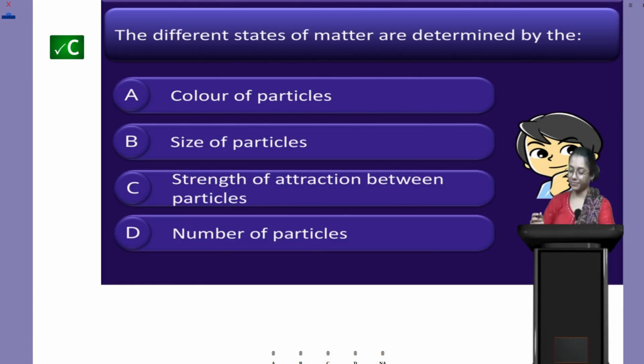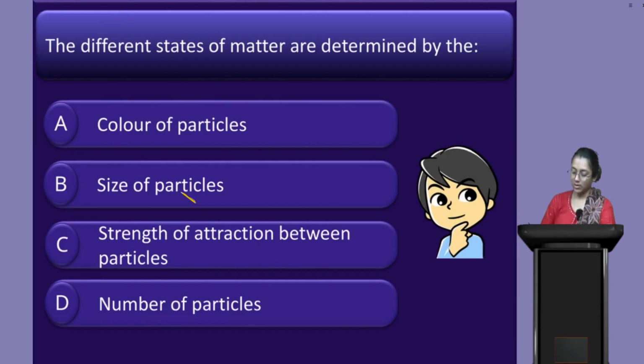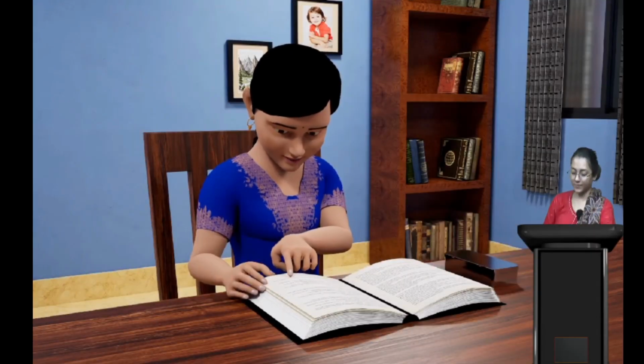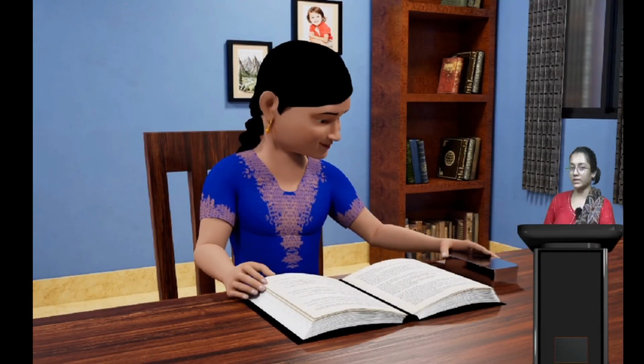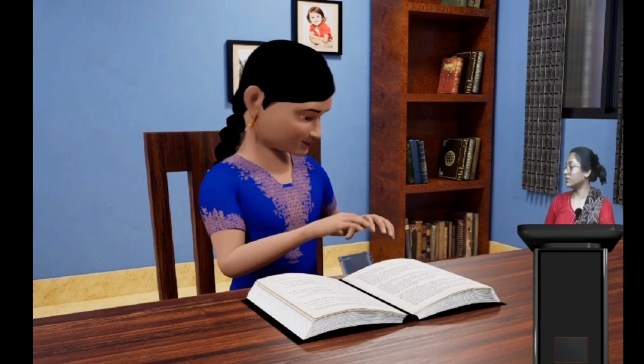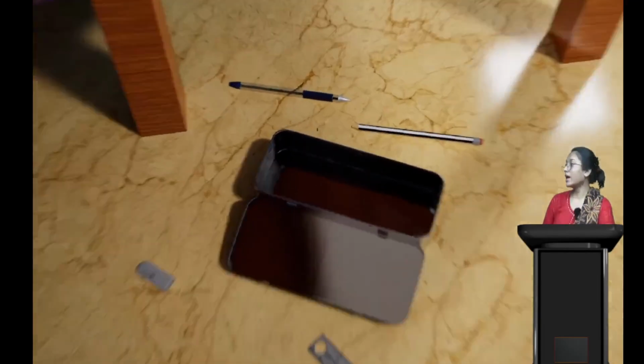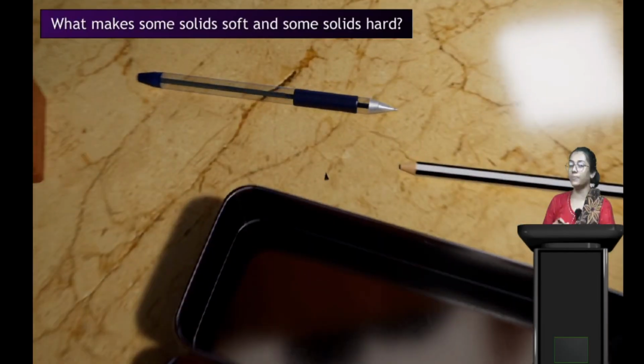Clear, everyone? Very good. Now we will observe another small activity. There is a little girl reading something and she wanted to bring one pen out, but the pencil box slipped from her hand.